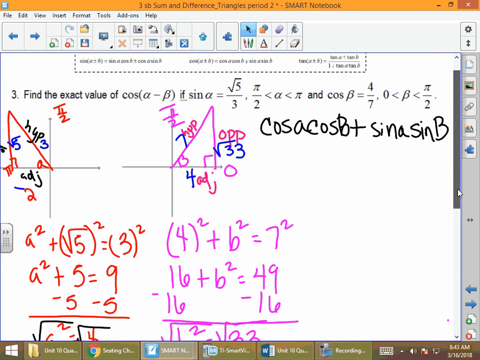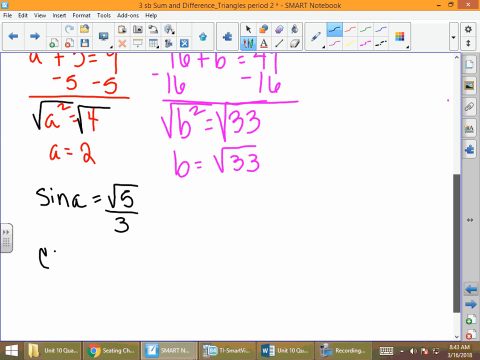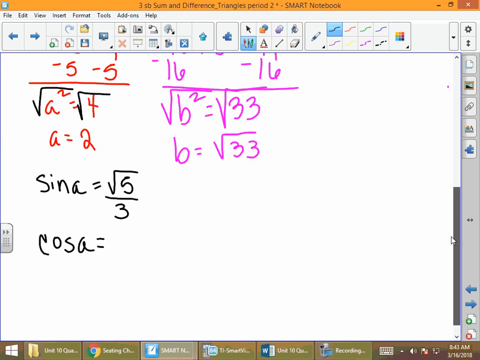Yeah, sine was given to us. The square root of 5 over 3. But we also need to know the cosine of alpha. And the cosine is the adjacent divided by the hypotenuse. So our adjacent length is going to be negative 2 over 3.